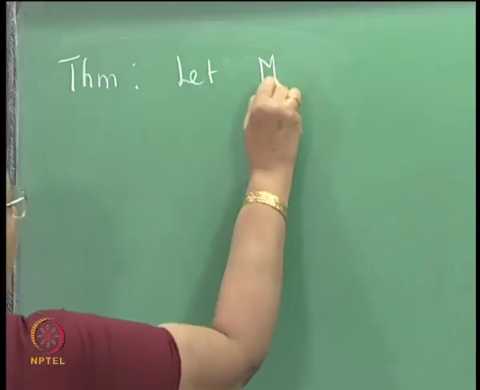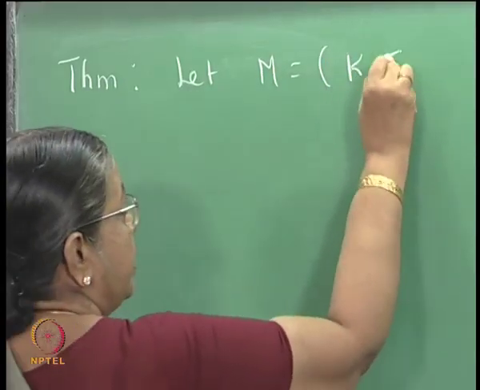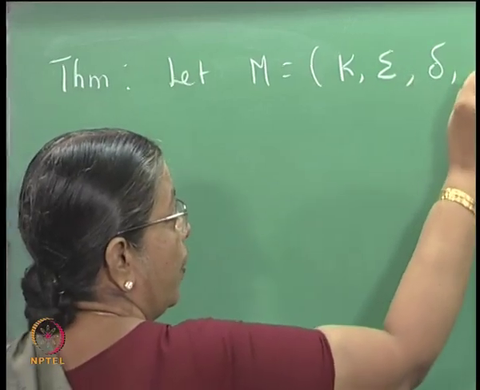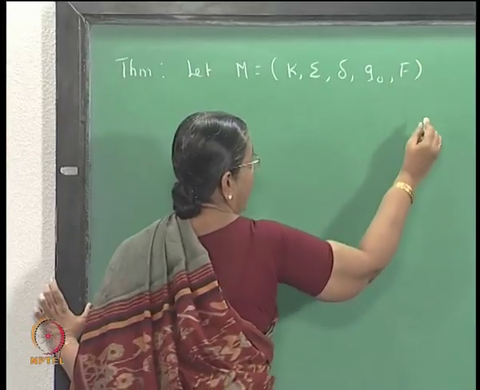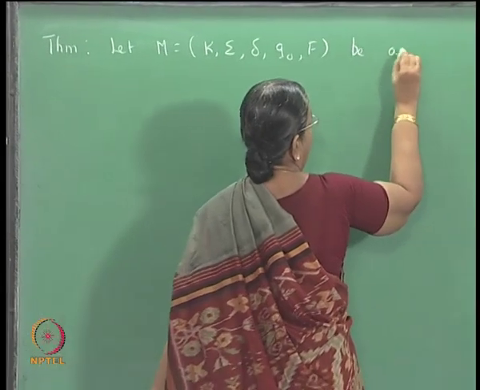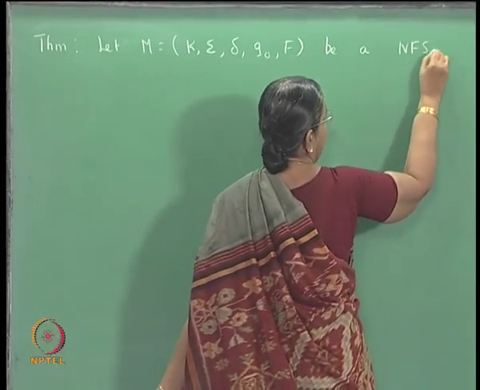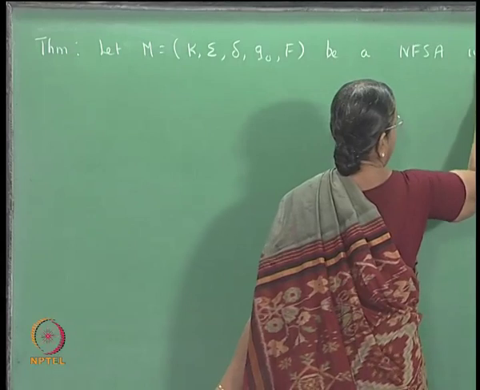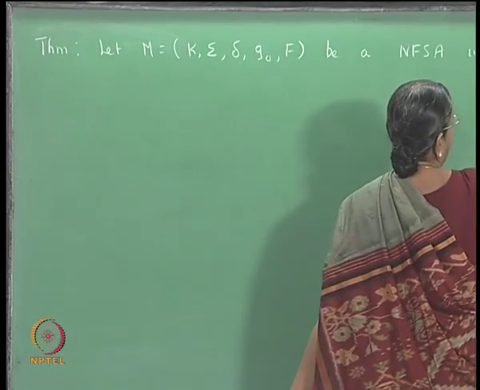Let M is equal to K sigma delta q naught F be an NFSA with epsilon moves.